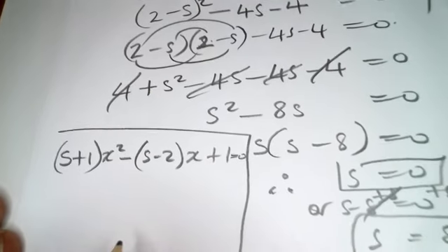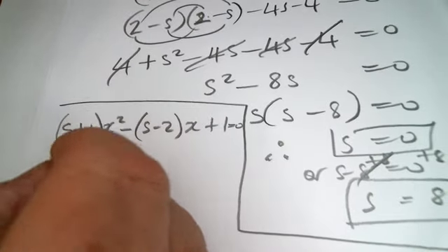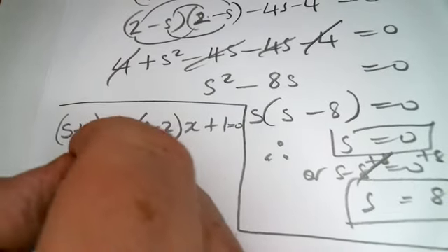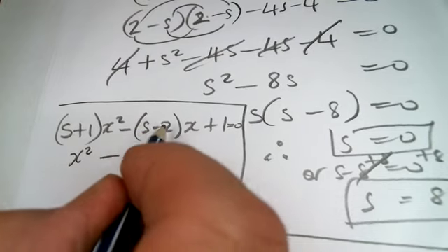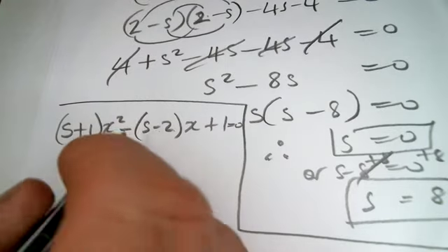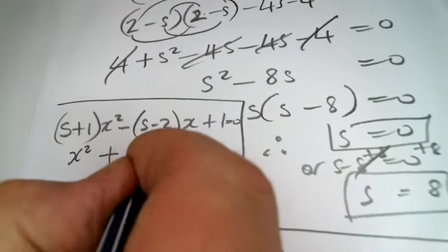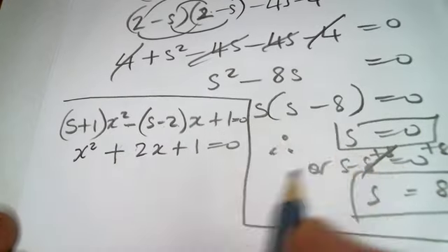Here we go. So that's 0, so it's going to be 1x, or x squared, minus 0 minus 2, and negative 2 is going to be plus 2x plus 1 equals 0.